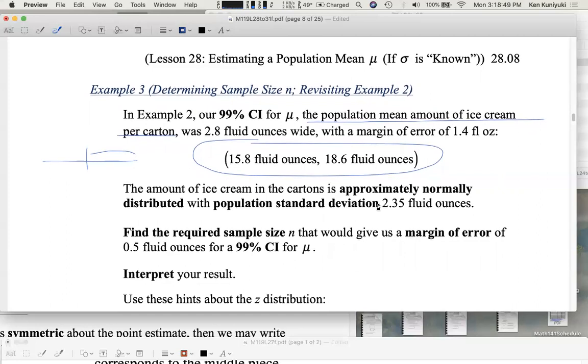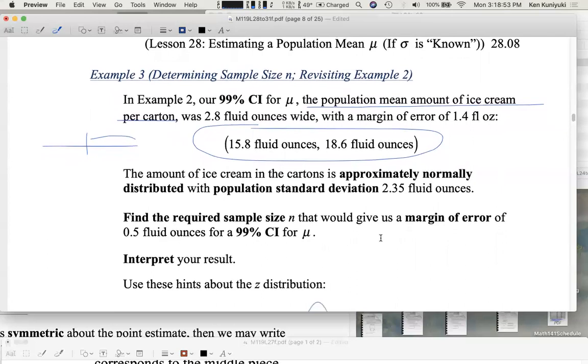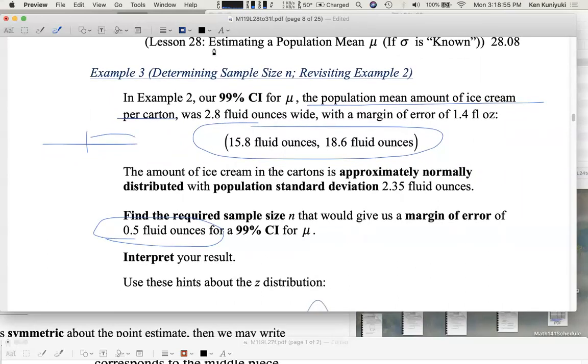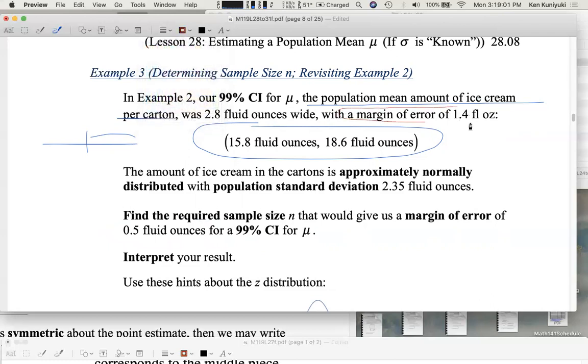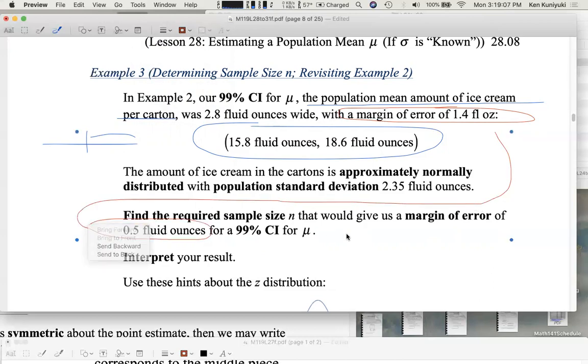But let's say that we want to come up with a sample size to shrink the margin of error down to 0.5 fluid ounces. So we want to go from a margin of error of 1.4 fluid ounces to 0.5 fluid ounces. Let's say we're going to conduct a similar study tomorrow, as a verification. What sample size would I need?